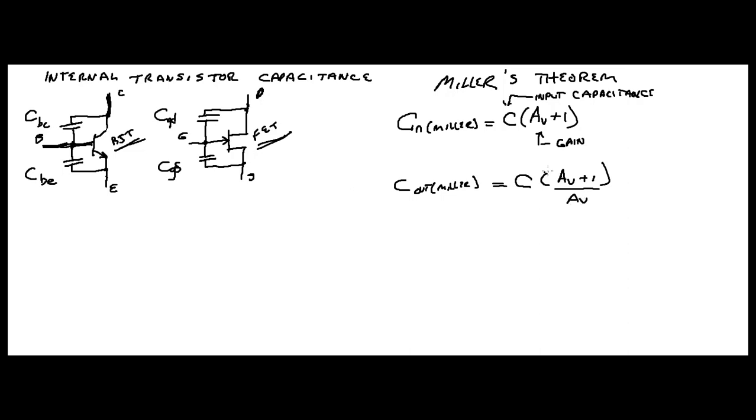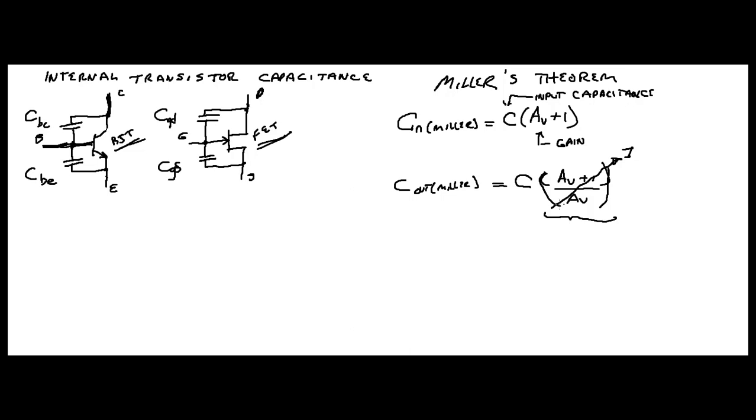Let me just extend these down. What I'm trying to show you is this: if AV is very large, this basically is going to go to 1, isn't it?